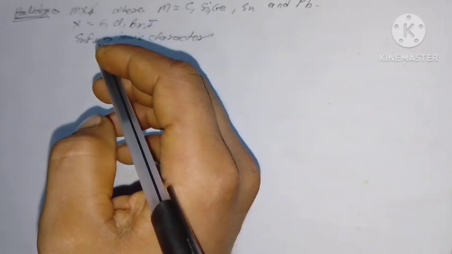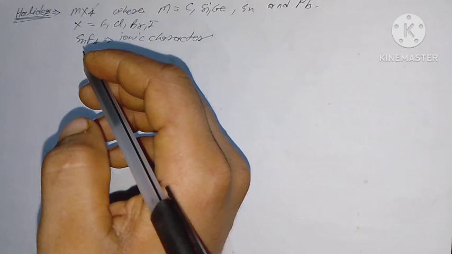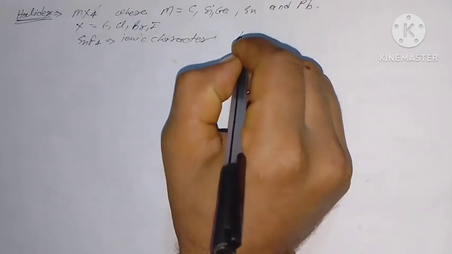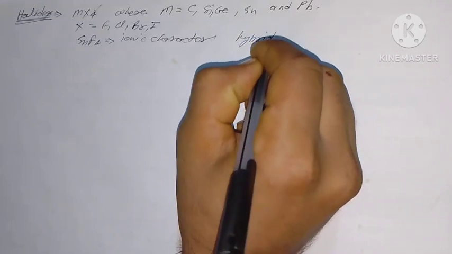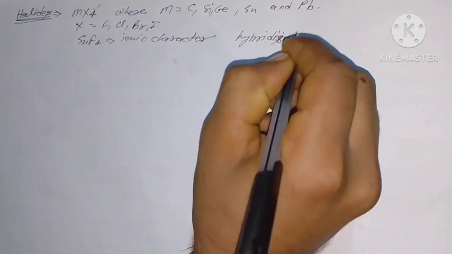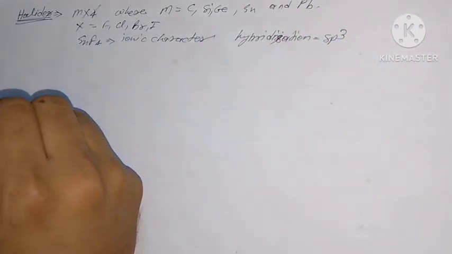The tetrahalides are tetrahedral in structure due to the presence of sp3 hybridization.